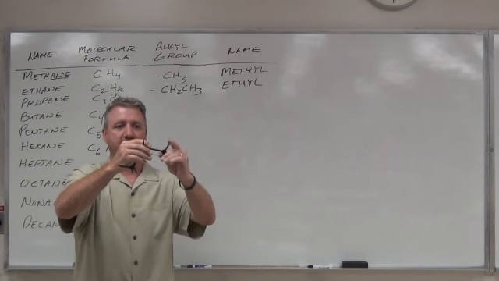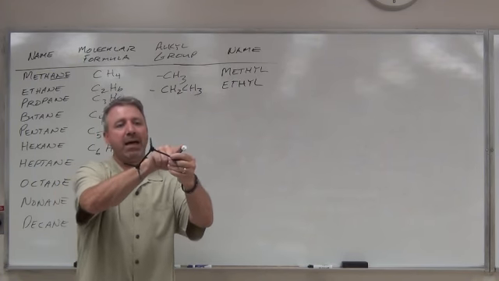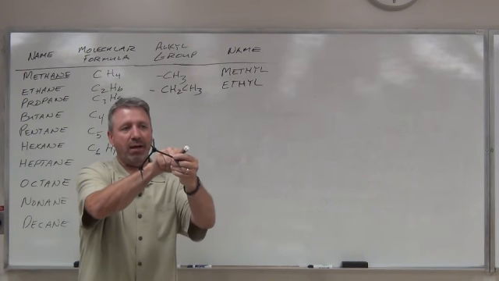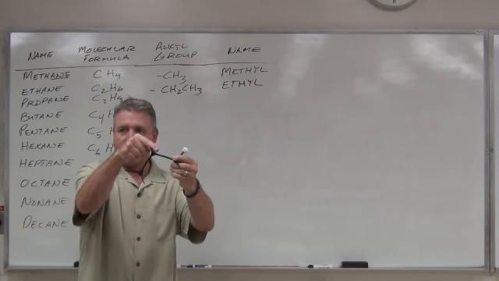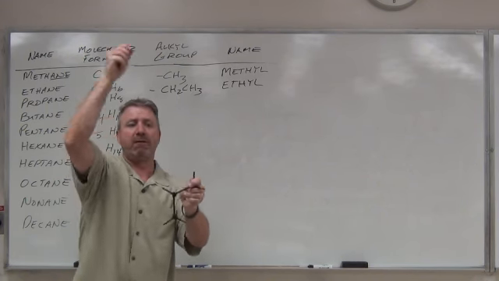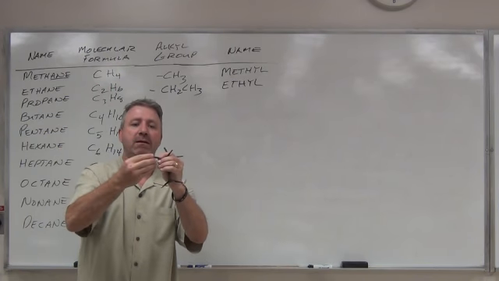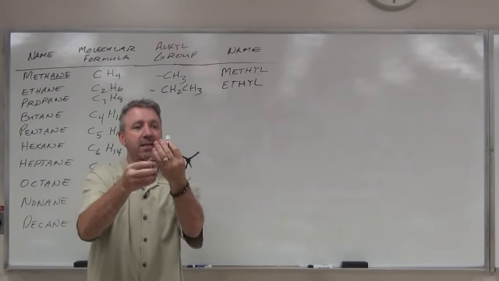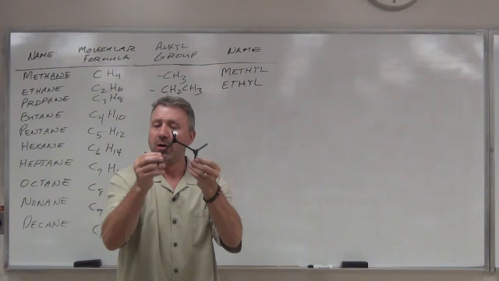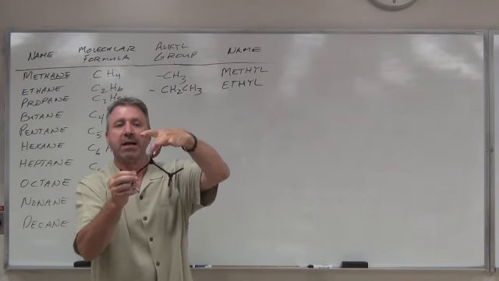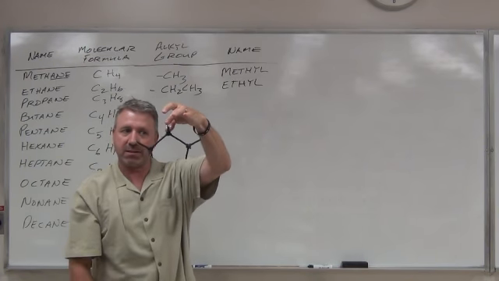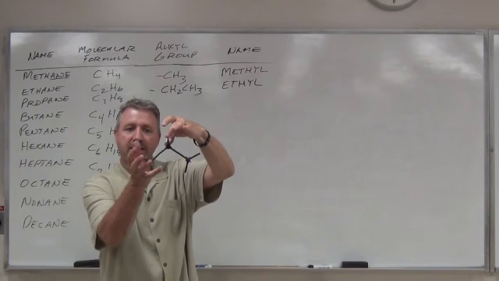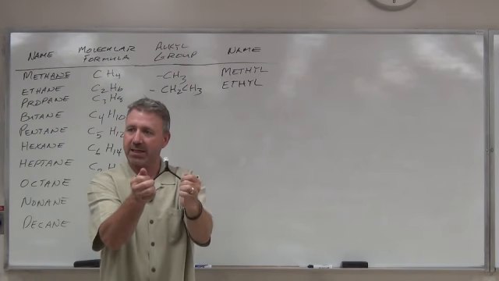But I can't make this white ball appear on these 2 hydrogens without physically removing it and placing it there. What that tells you is these 2 hydrogens are different from these 6 hydrogens.